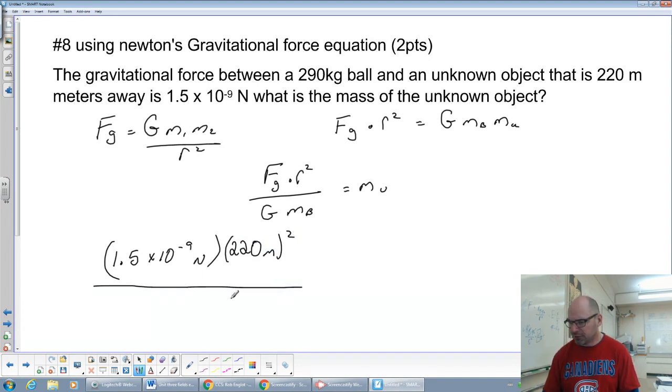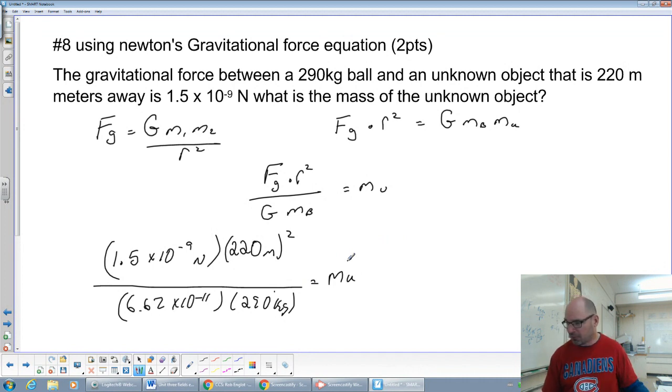Then we have G, which is 6.67 times 10 to the -11 newton meters squared per kilogram squared, and we have the 290 kilogram mass of the ball. That's going to give us the mass of the unknown object.